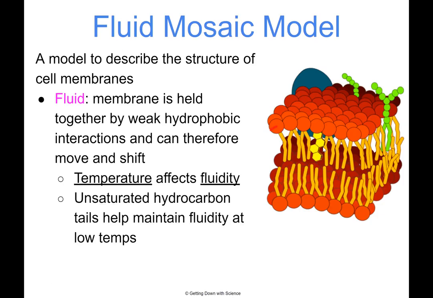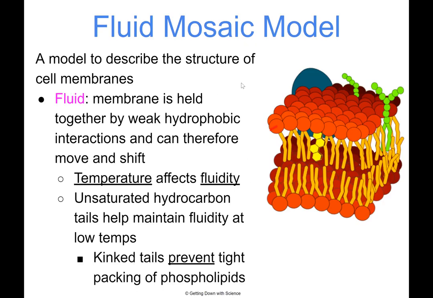The unsaturated hydrocarbon tails also help maintain that fluidity even at the lower temperatures, but they aren't going to flow as well. And the kinky tails, remember the kinks are from the double bonds in that fatty acid tail. They actually keep it from packing too tightly. It helps space them out.